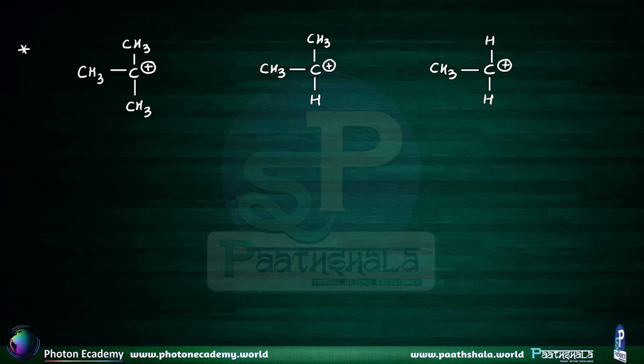Now, in the previous example, we saw how the 3 methyl groups were donating more electrons to the center carbon than the other two.